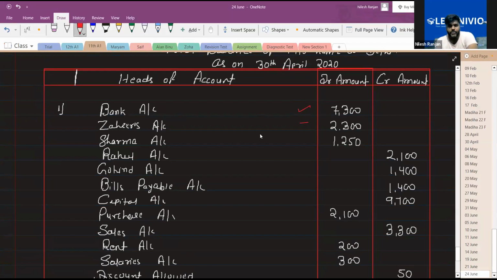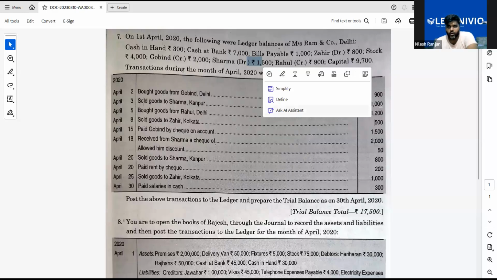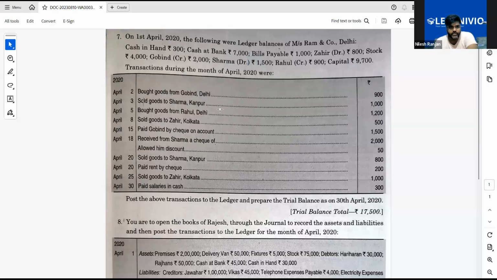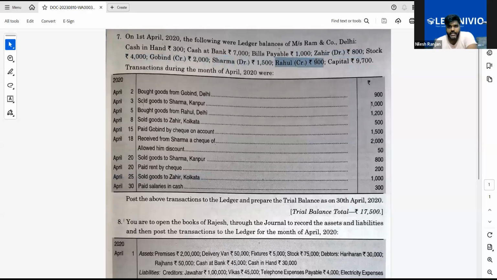Sharma opening balance 1,500 plus 1,000, 2,500, and there is one more, sold goods to Sharma 800, 3,300 minus 2,000. It will be 1,300 minus 50, 1,250. So yes, it is also correct. Rahul opening balance is 900.